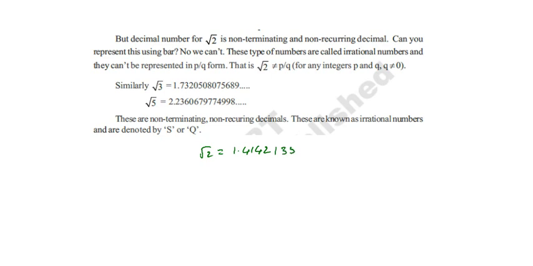That means this is a non-terminating and non-recurring decimal. That means it is not possible to write in the form of p by q. Then what do you say? These type of numbers are called irrational numbers.